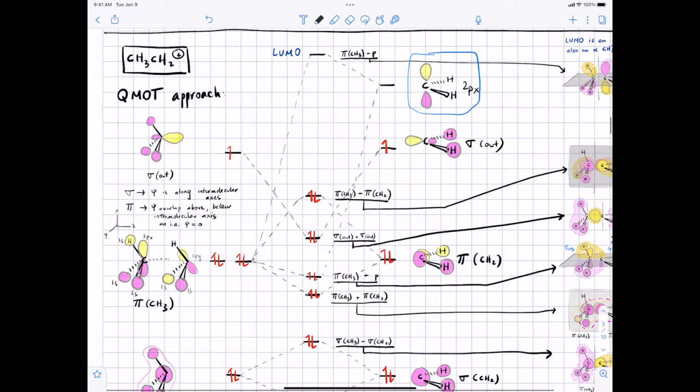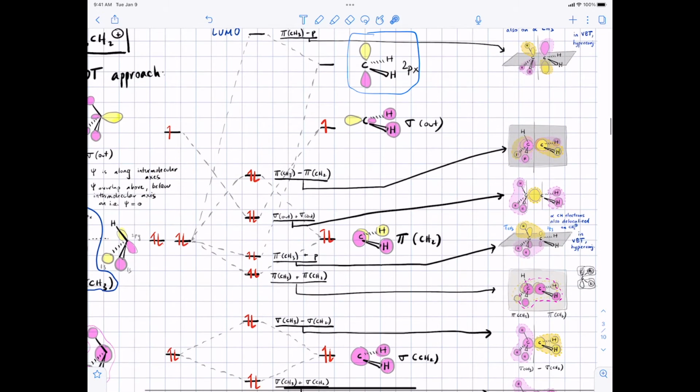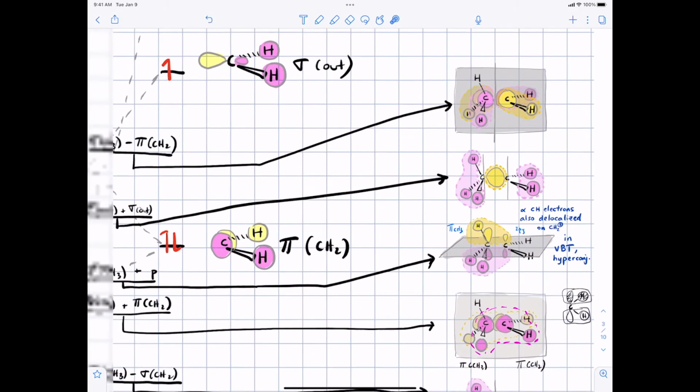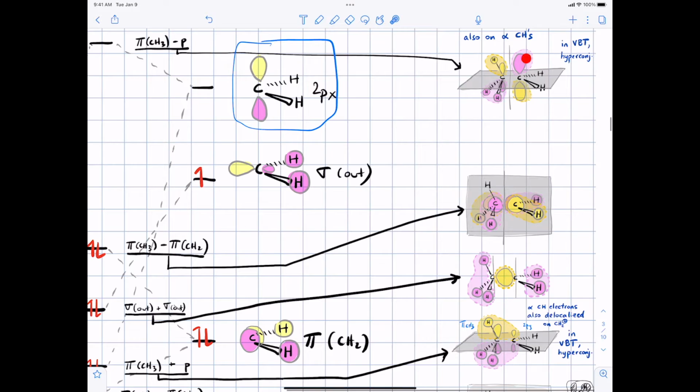Right, that is the one that we get from this one plus this one, to give us that one. And then up top is the out of phase combination of those two.